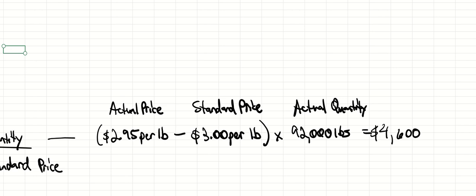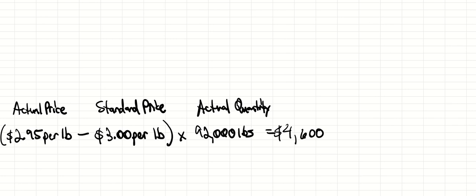And now we have to determine whether it's a favorable or unfavorable variance. If the actual cost is less than what the company expected to pay, then this is going to be a $4,600 favorable variance. So I'm going to put the letter F right next to the amount, indicating that this is a favorable variance.